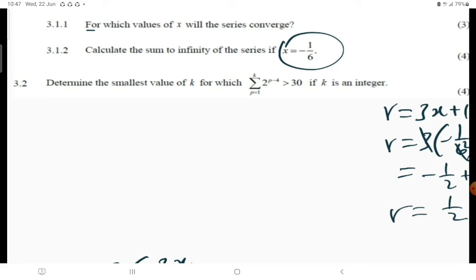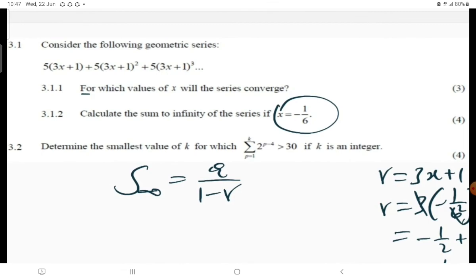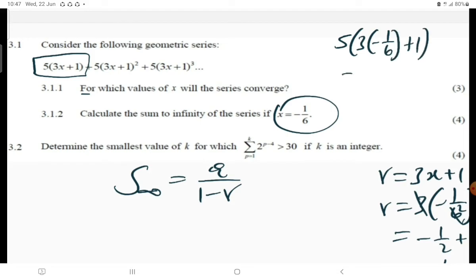Now we write our sum to infinity formula, which is a over 1 minus r. We need to find the first term, because a is the first term. So we have 5 into, in the place of x, we put 1 over 6 with the 3, then plus 1. What do we have? We have 5 into 1 over 2, so the answer is 5 over 2.